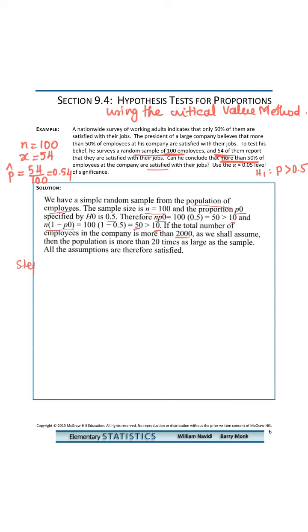So step 1, state the null hypothesis and alternate hypothesis p greater than 0.5. Step 2, choose the significance level. So the significance level is 0.05, and find the critical value.